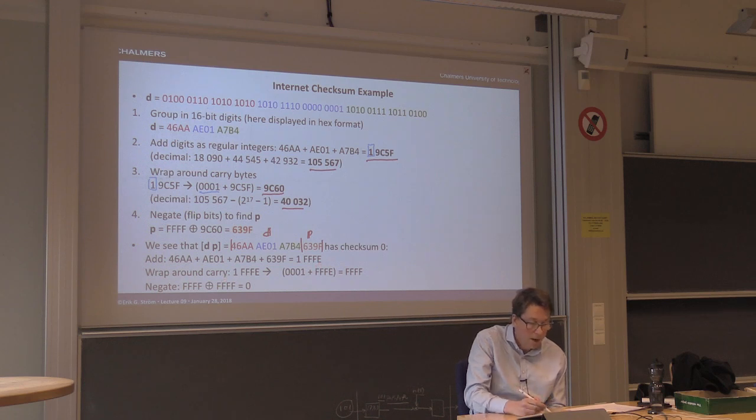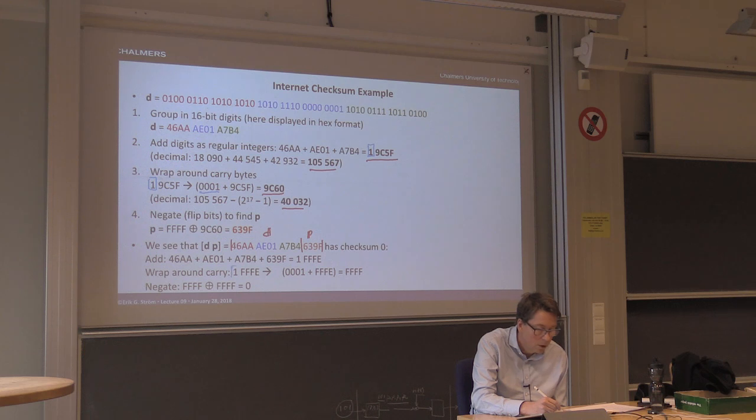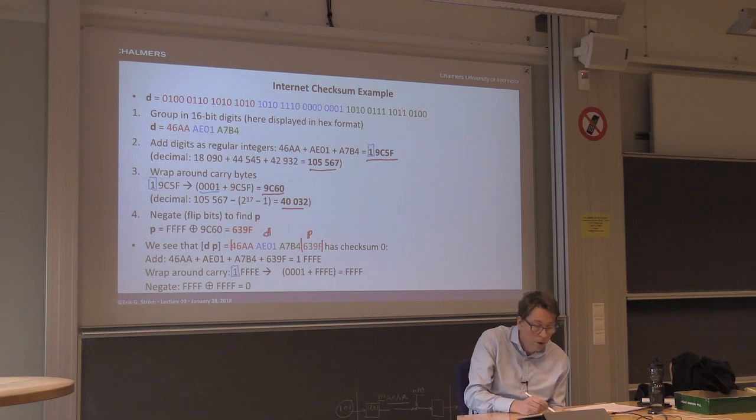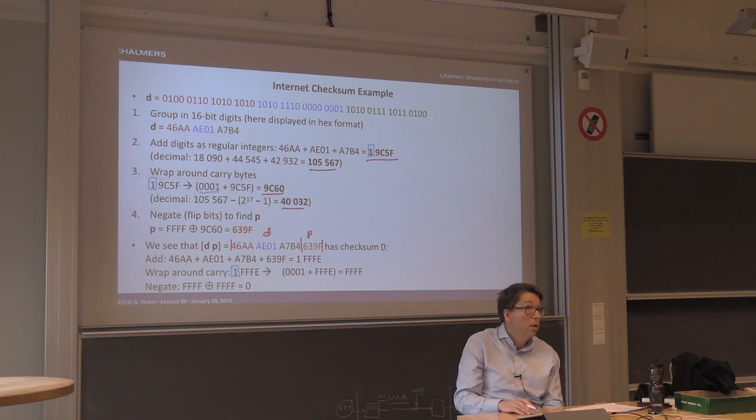We see that we have a carry, this one, which is the 17th bit. We need 16 bits, so we do wraparound addition to this, and then we get 0001 plus FFFE, and then we get FFFF, and then FFFF plus FFFF is 0. Okay, internet checksum 0.